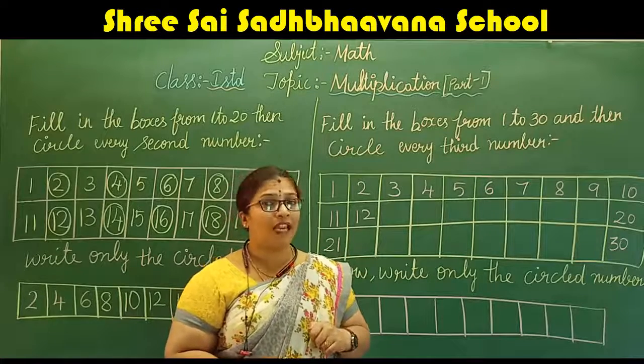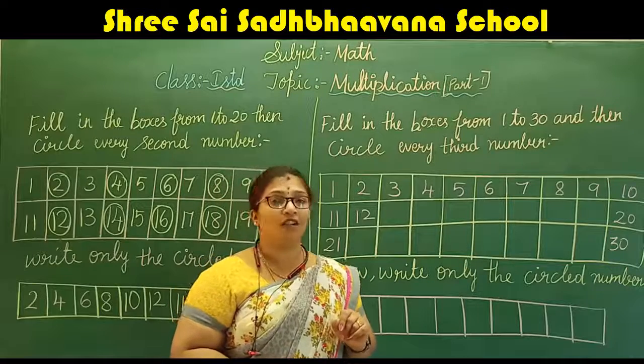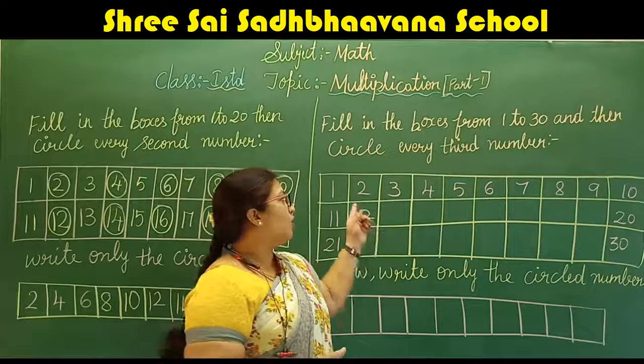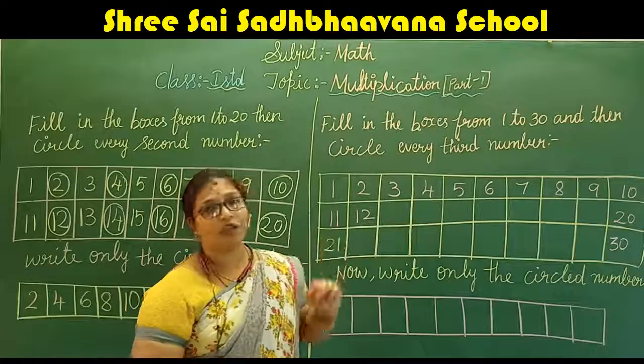Before that, what we have to do? We have to complete this box, 1 to 30 numbers. They have already given you 1 to 10 and 11, 12.